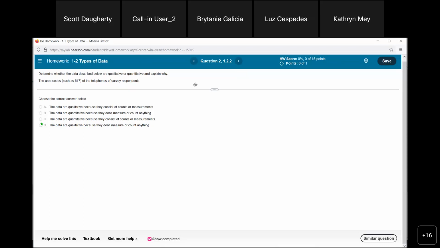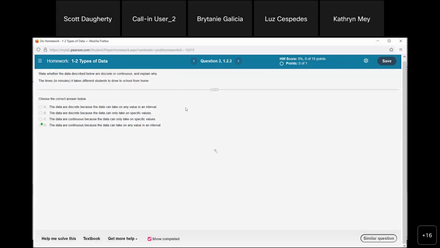Those numbers don't mean anything numerical. So like 617 doesn't mean there's 617 people in that area. It's just a label. It seems like this might be numerical data that you're collecting, but area codes are just labels. And if your numbers are just labels, then they're just qualities. So this would be an example of collecting qualitative data.